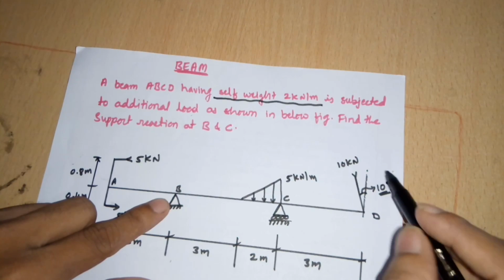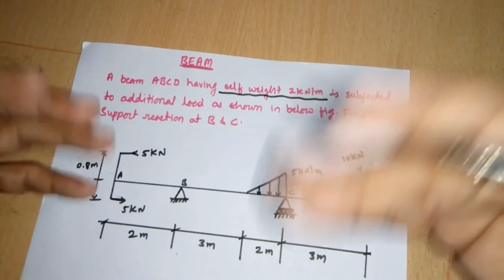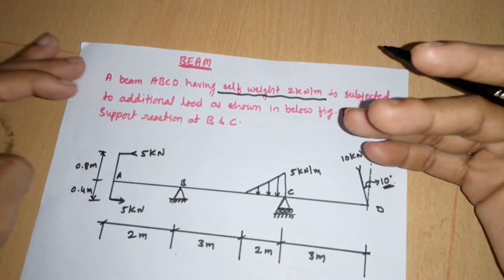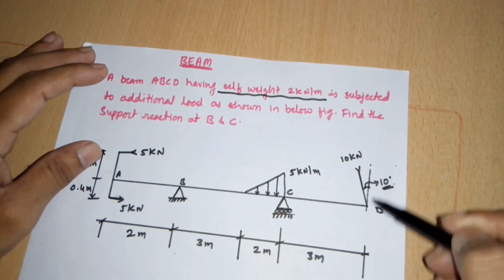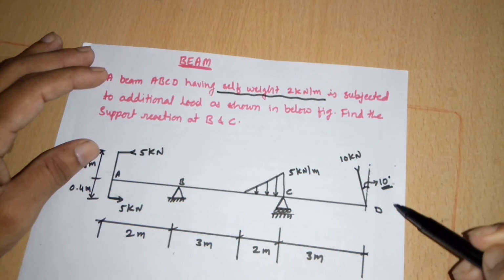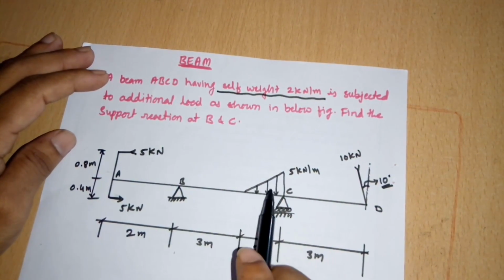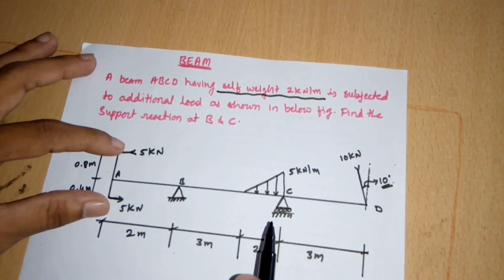Means it's not perfectly horizontal or perfectly vertical. To solve the problems, I need all the things to be either perfectly vertical or perfectly horizontal. Means I have to resolve this one before proceeding to solve the question. And then next I have to convert this into a point load, because this is now UVL, and next here two horizontal forces are there.